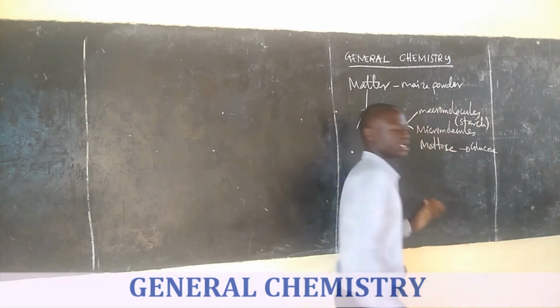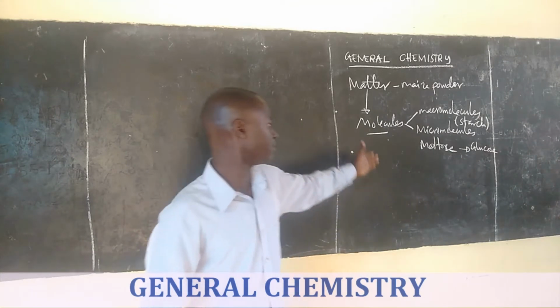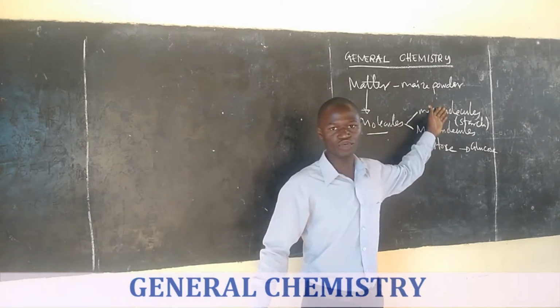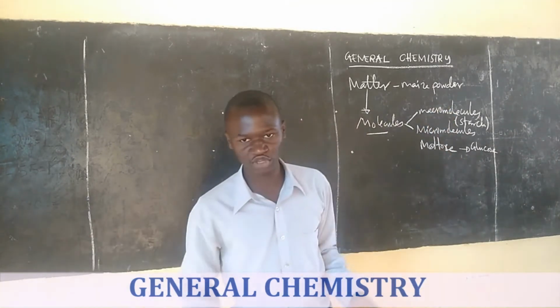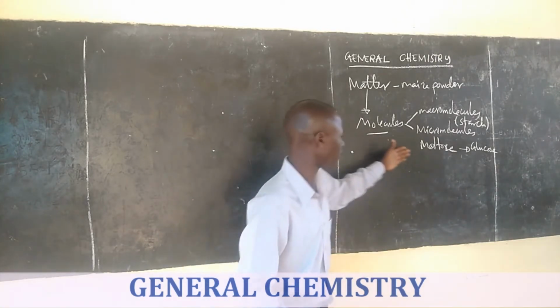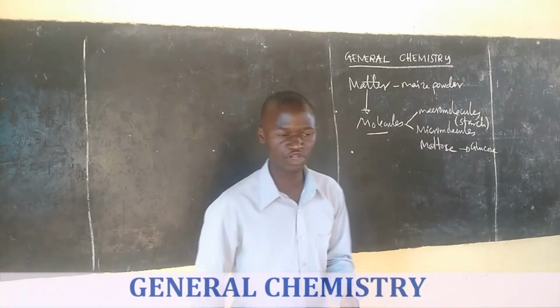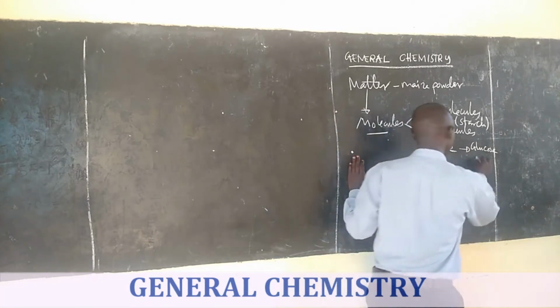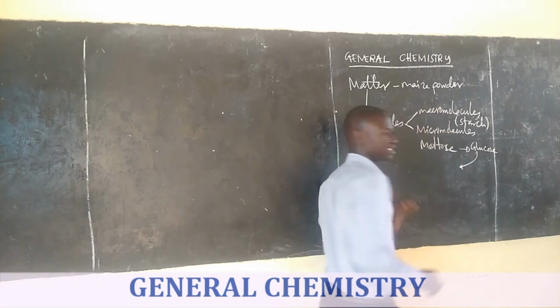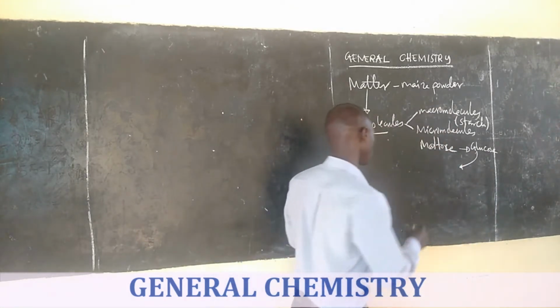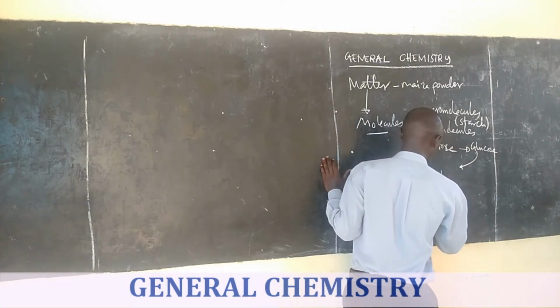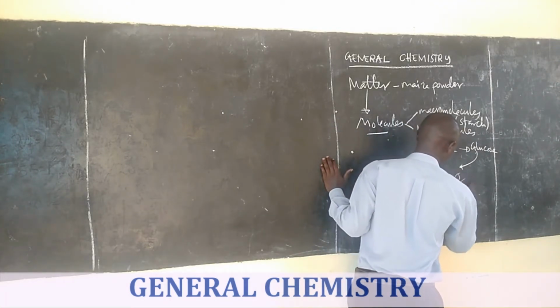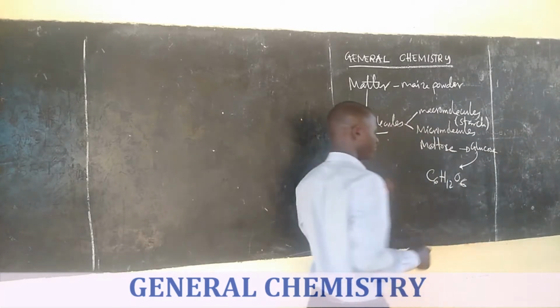So now glucose is the simpler molecule, the micro, because you have macro, which are larger ones with large molecular masses, but you have the simpler molecules which have small molecular masses. Now glucose is the simpler molecule which we can write, because the structure of glucose is known: it is C6H12O6. It is the simpler molecule.